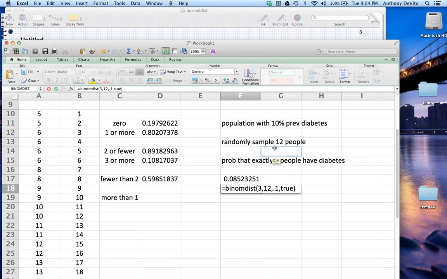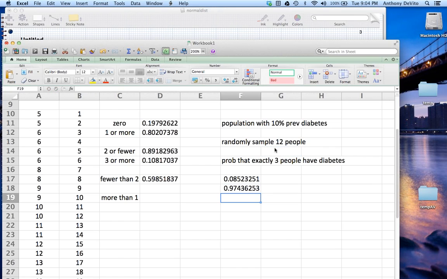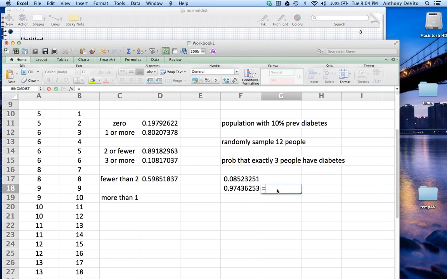In other words, all the possibilities of having 3 or fewer people with diabetes out of a randomly selected group of 12 people. And that's going to be 97%. Another way of looking at that is it's only about a 3% chance that I will have 4 or more people, because this is the chance of having 3 or fewer, so 1 minus that would be the chance of having 4 or more.